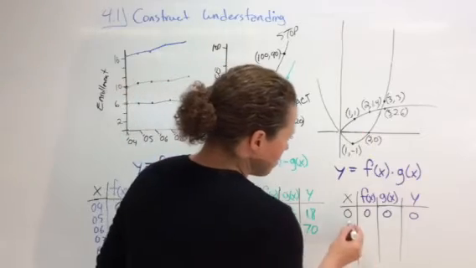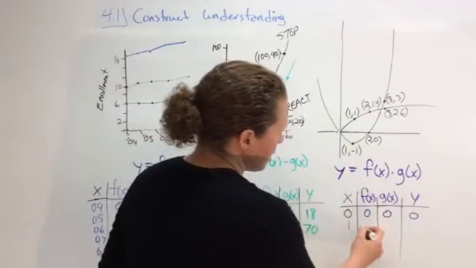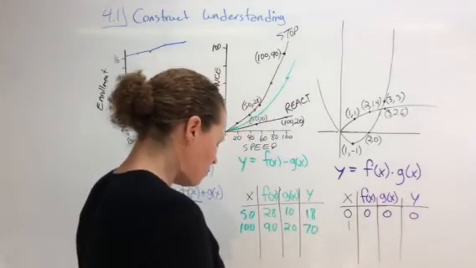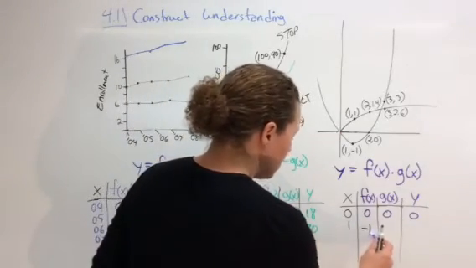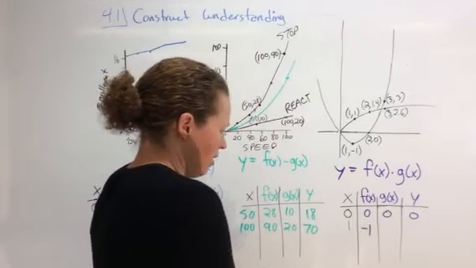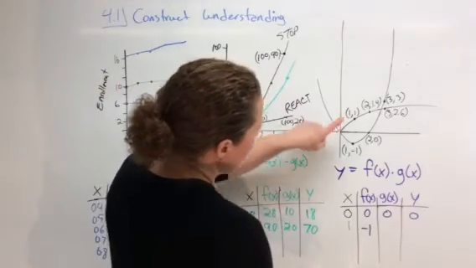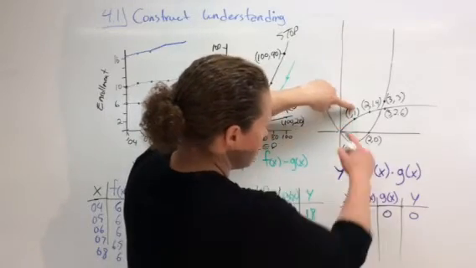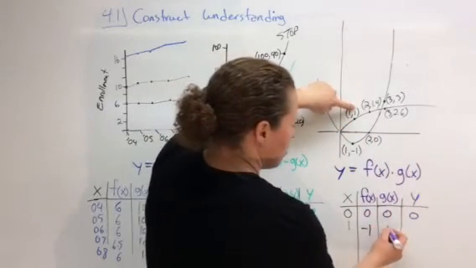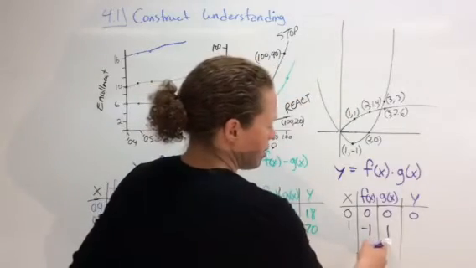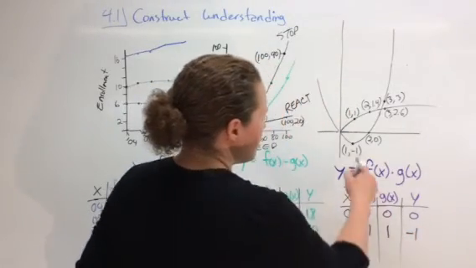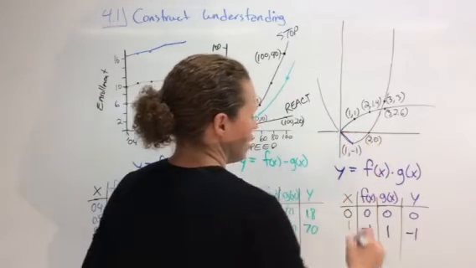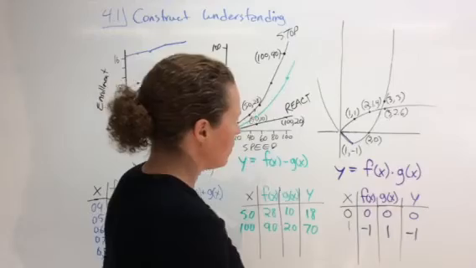So if my x is 1, my f of x is -1. Because that's my y value. And then this one is my other function. So that's 1. So then I go -1 times 1 is -1. So at 1 and -1, they're going to be the same again. So I'm just going to draw a line kind of connecting those two.